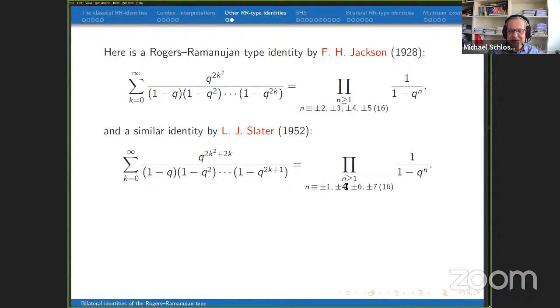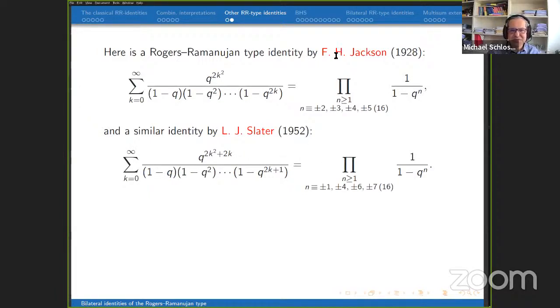And here we take 8 different residue classes mod 16. Here you also take 8 different ones. And on the left-hand side, you don't see the 16 directly anywhere. But you see that these can be interpreted in terms of partitions as well.